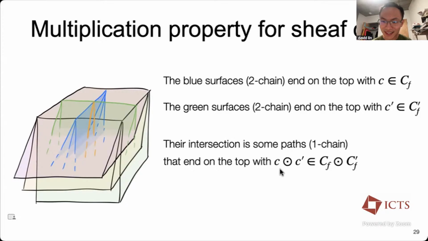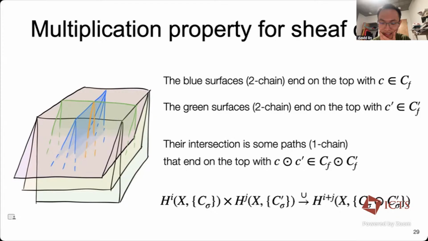Well, the answer is that it's C dot C prime. The reason is, when do you have an edge? It's when both of these planes are present. And so that's exactly this C dot C prime feature. And it's really this feature that gives you the cup product for these sheaf codes.